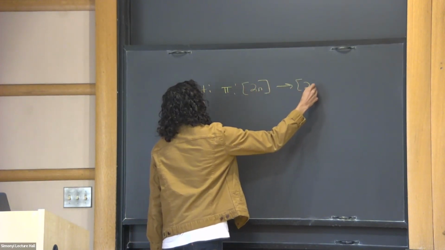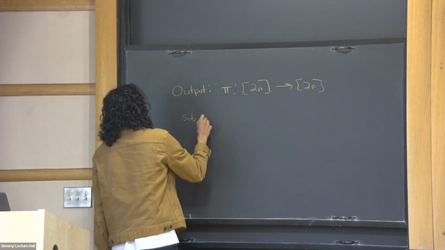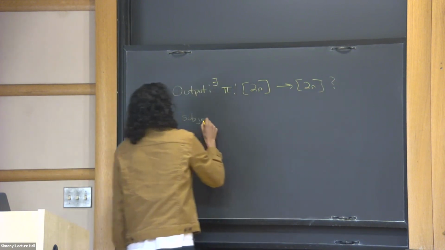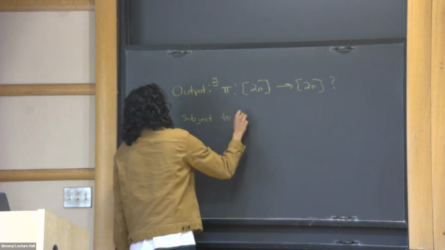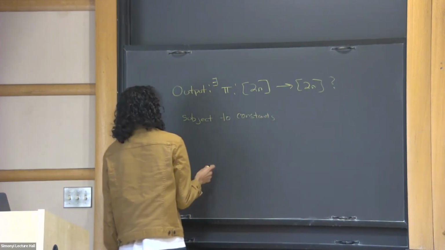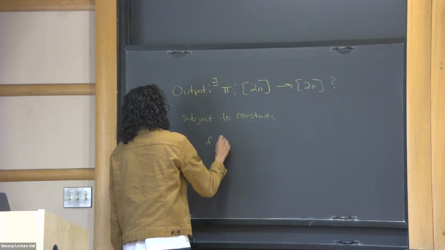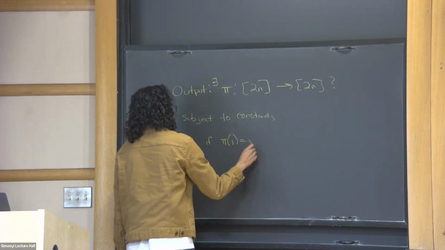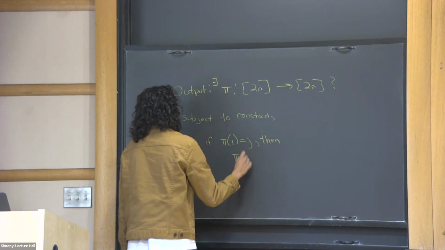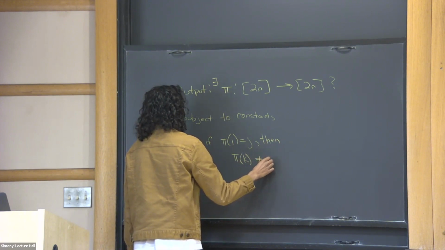So that's your output, and it's going to be subject to constraints. Does there exist a permutation pi, subject to constraints of the form: if pi of i is equal to j, then pi of k is not equal to, I don't know, w.